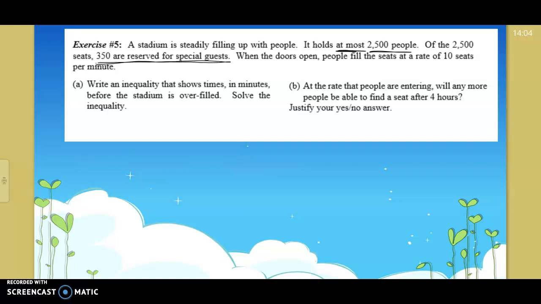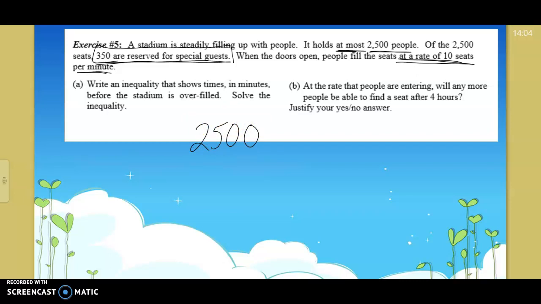So when the doors open, people filled the seats at a rate of 10 seats per minute. And again, these people were already in before the other normal people were allowed to walk through. So let's write an inequality that shows times in minutes that the stadium is being filled, and then we're going to solve that inequality. Well, the 2,500 is the max capacity.